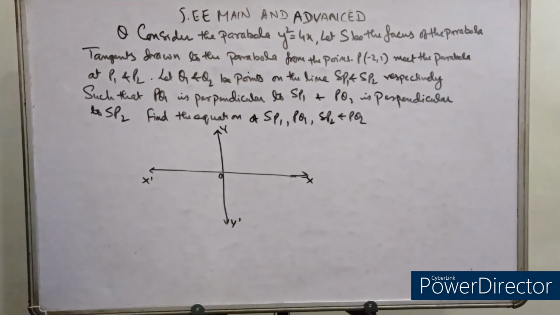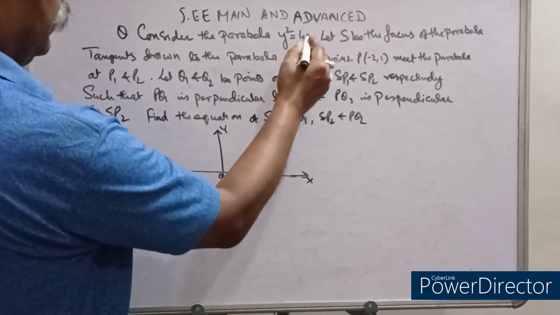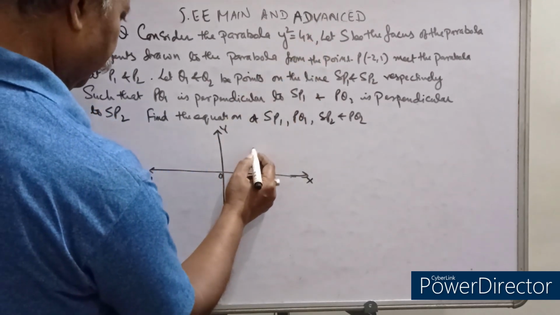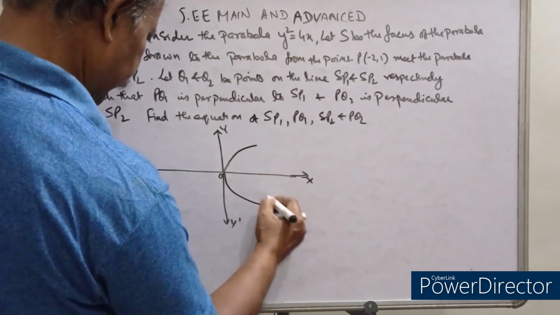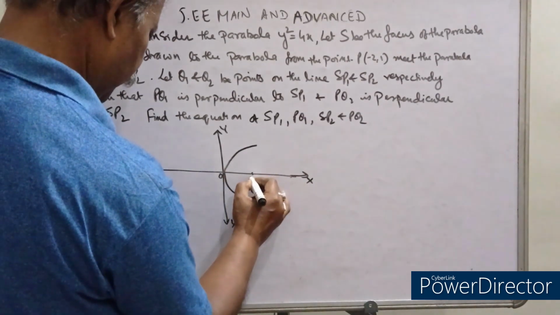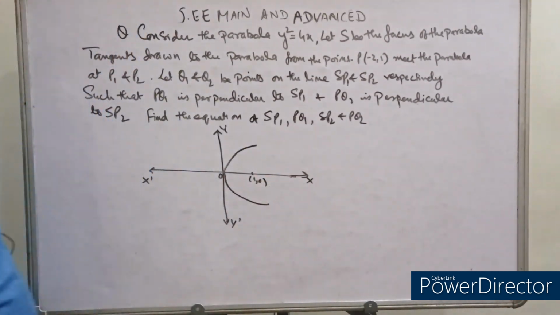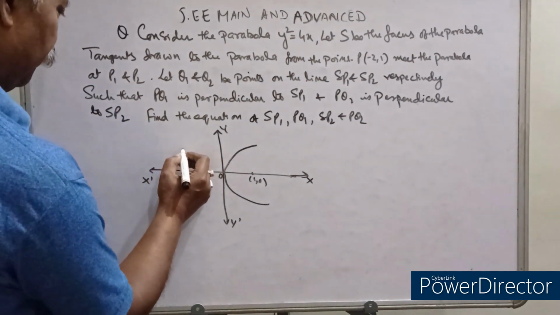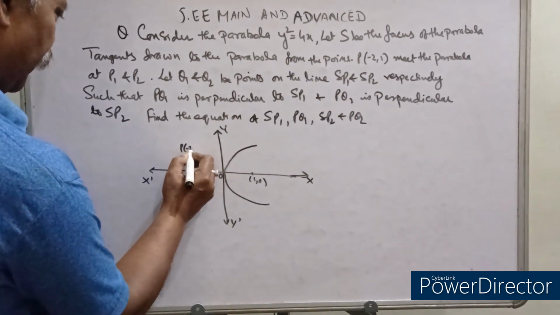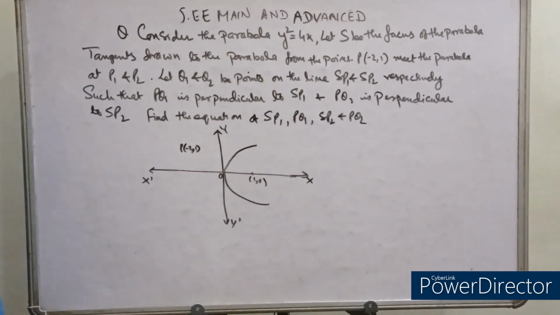So y square is equal to 4x means your focus is (1, 0). Your graph of this parabola is like this. Let S be the focus of the parabola. Tangents are drawn to the parabola from point P. P point is somewhere here. This is (-2, 1).